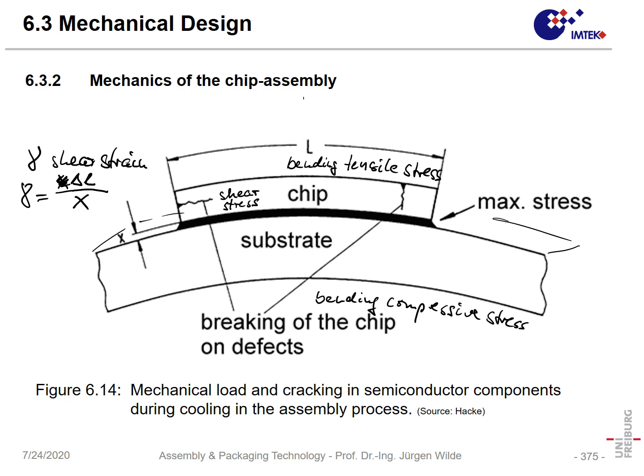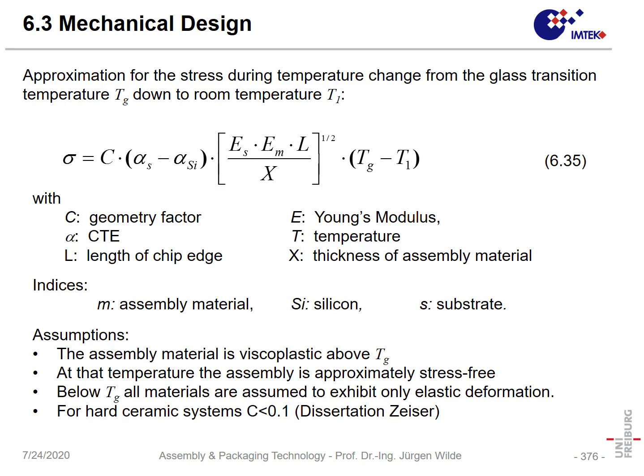So of course we can clearly see that the thicker the die attachment is, the lower the shear strain will be, and of course the shear stress is just the shear modulus times the shear strain. Okay, so in that way it becomes clear that geometry has a strong effect.